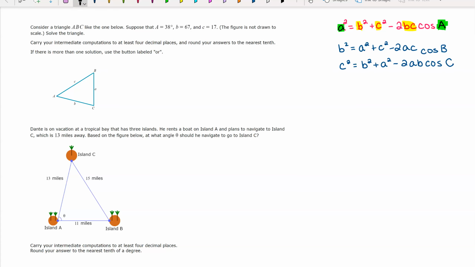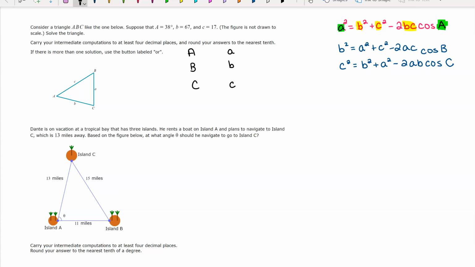So like this. We have big A, big B, big C, little a, little b, little c. And if you have a whole row of information, big A and little a, or big B and little b, or big C and little c, you use the law of sines.